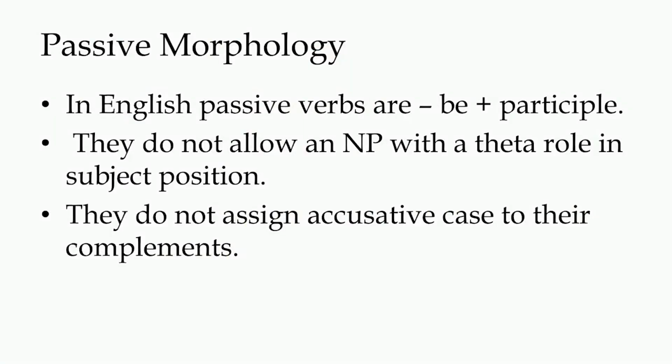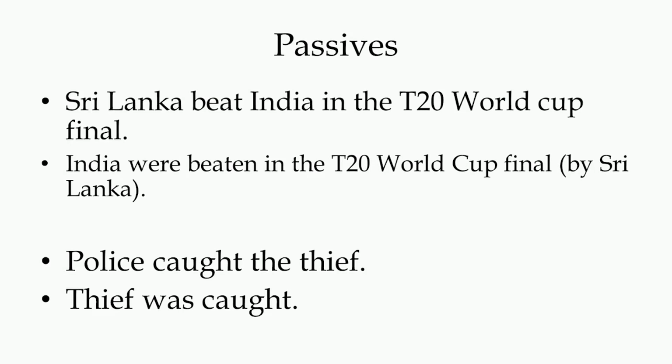To understand how the morphology of passive sentences operates, we take an example from English, where we see that the passive verbs are actually the verb be plus the participial form of the verb. Verb be and the participial form of the verb. So take the example again, beaten and caught.